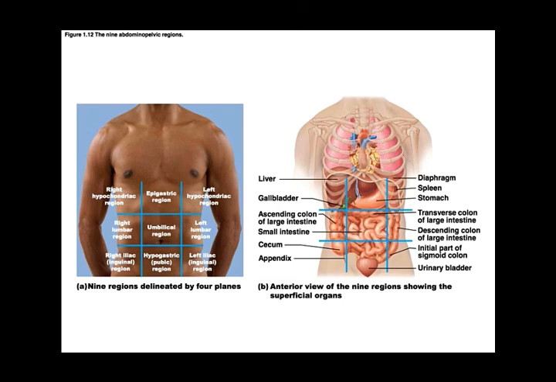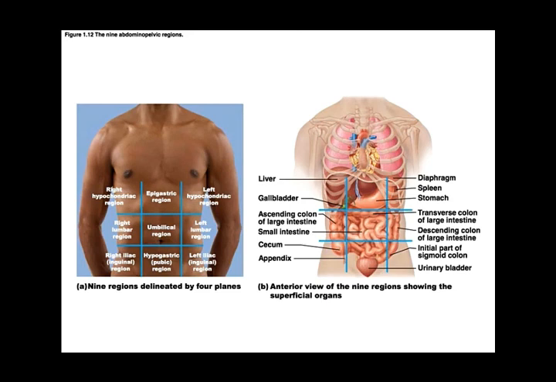And last but not least, in the hypogastric or pubic region, you can see the urinary bladder and your other excretory organs, which we'll be seeing on the back side.